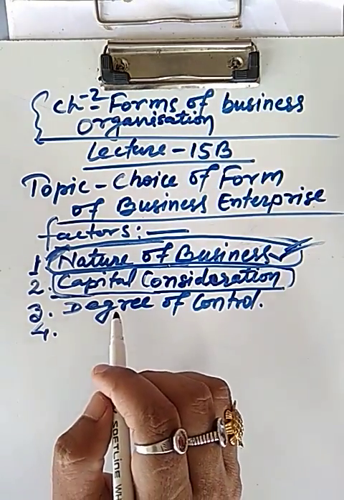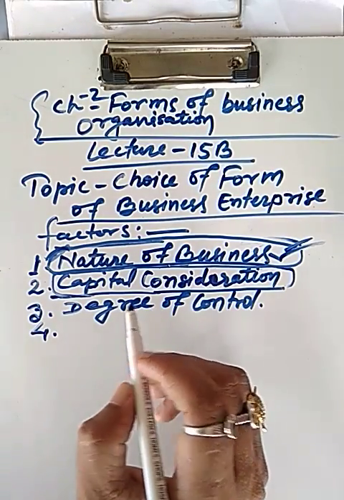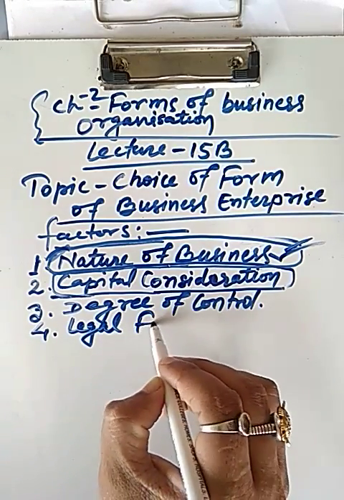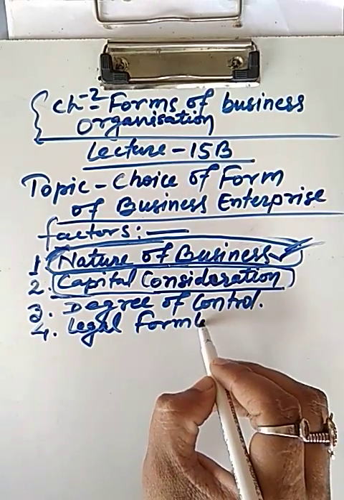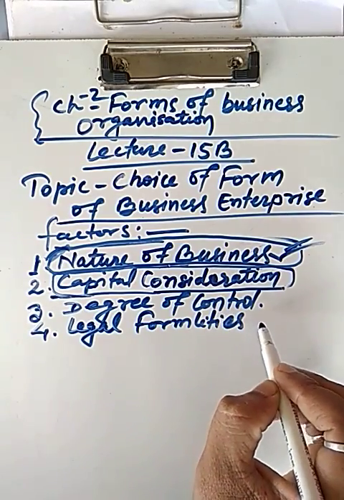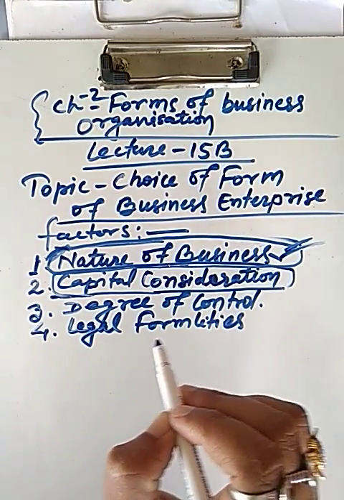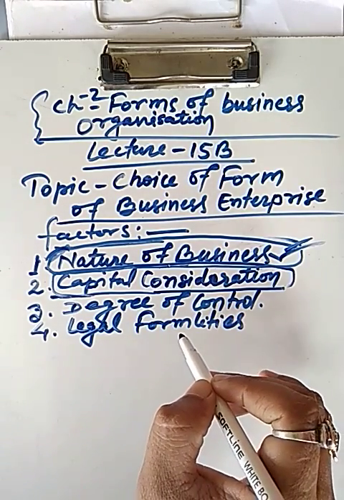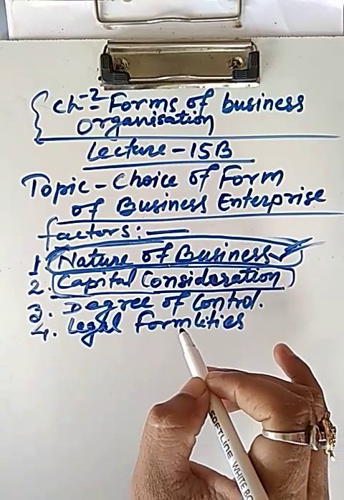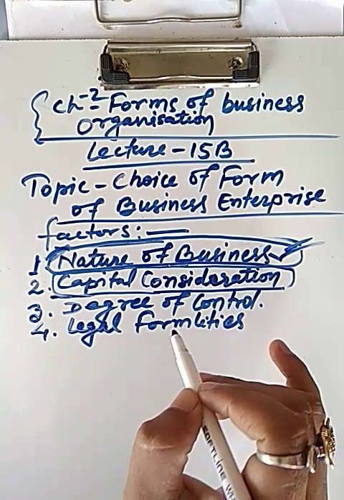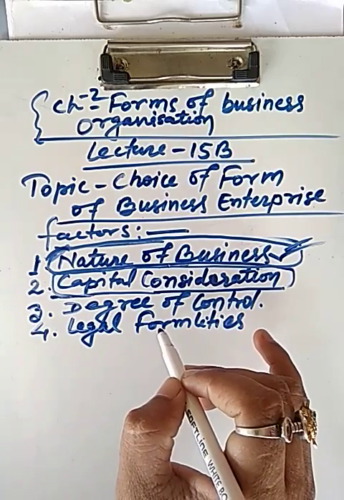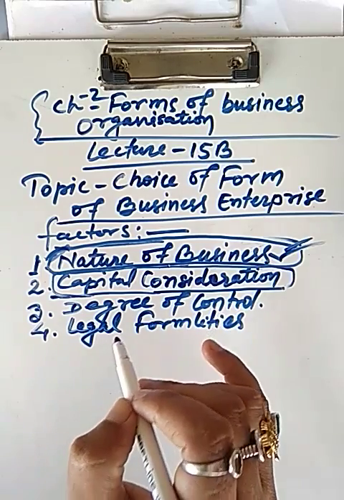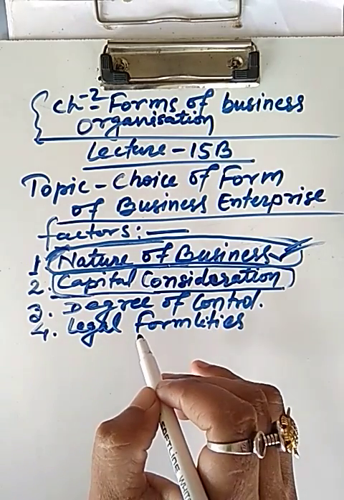Fourth factor may be legal formalities. If businessmen want to avoid legal formalities and prefer easy formation, then the most suitable form is sole proprietorship firm.